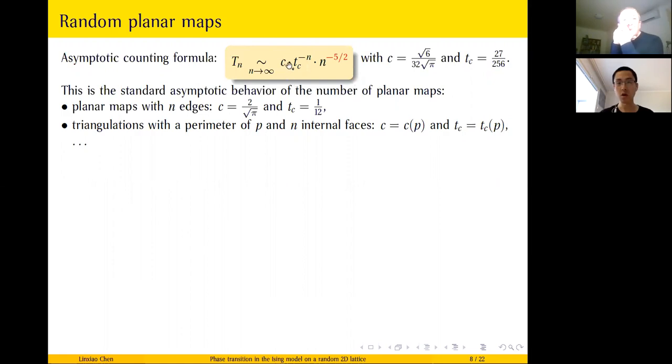You have a constant factor and an exponential increase, or decay, t_c being smaller than 1, and then you have a polynomial factor. Here I emphasize the exponent 5/2 because this will be the exponent which is universal among all planar maps.